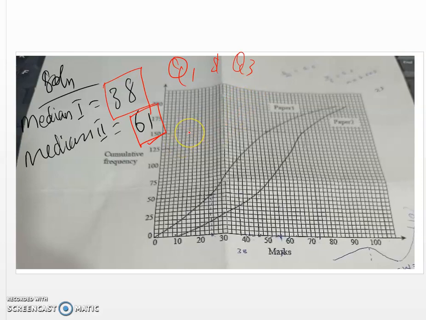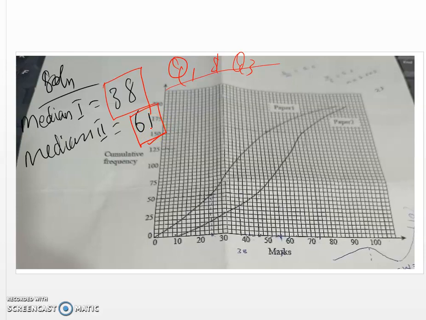If you don't know how to find the interquartile range, I will refer you to my previous video. In this video, for the median of the lower half of the data, you will discover that we've got 25. Even if you subtract 200 from 175, you will still get 25.